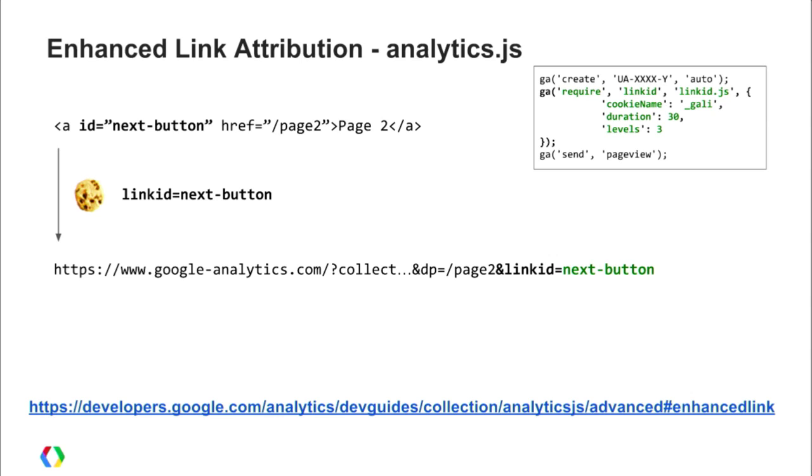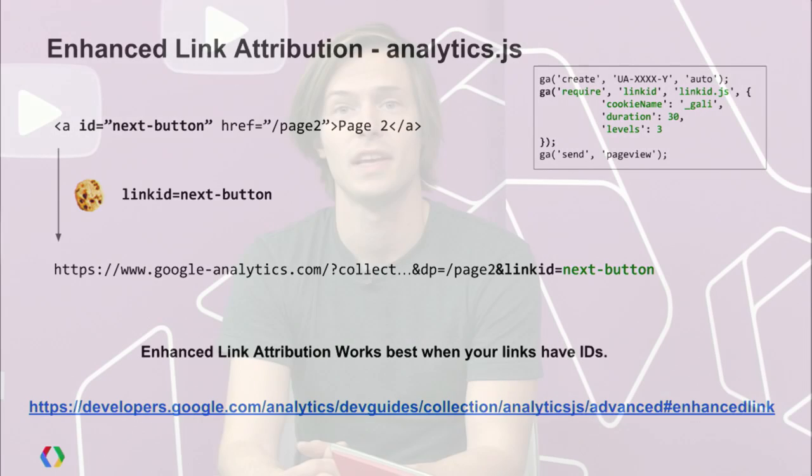Then on the next page, when you send the page view, we'll include whatever that element ID is in the hit as part of this link ID parameter. That's the way we're able to tell, in the in-page analytics report, that users came to page 2 not from some other link, but from this specific next button, for example.